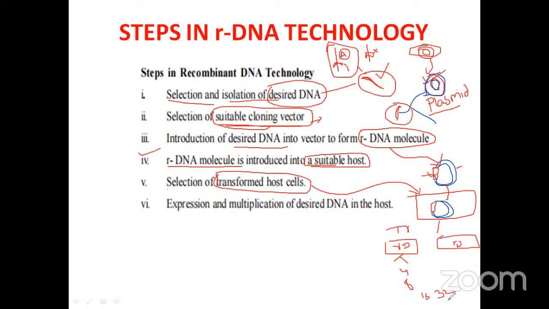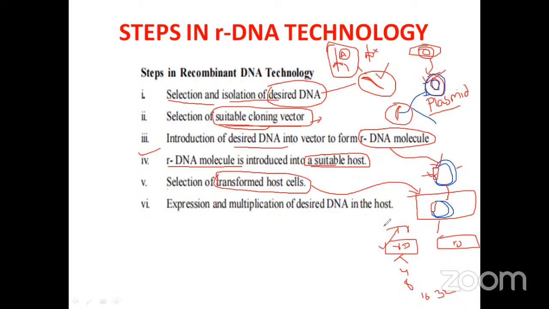But we should make sure whether the transformed host cells are present or absent in the group of cells. After formation, in the different groups of cells, some may not have rDNA and some have rDNA present, so we can select only the transformed cells and ignore the rest.